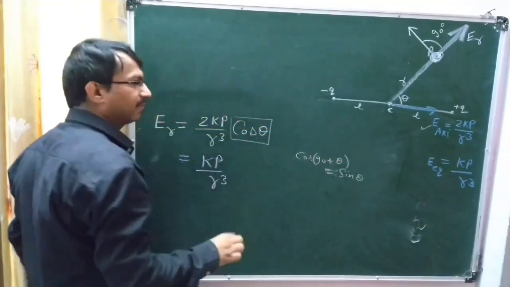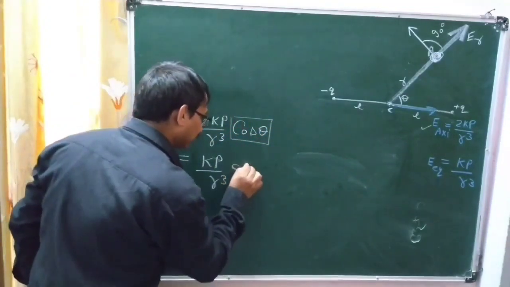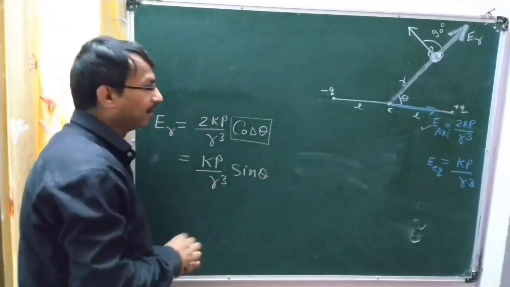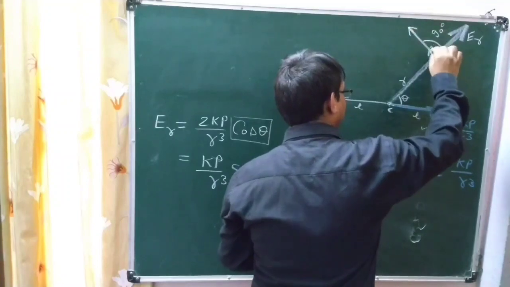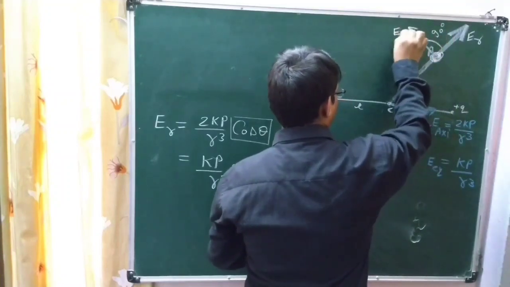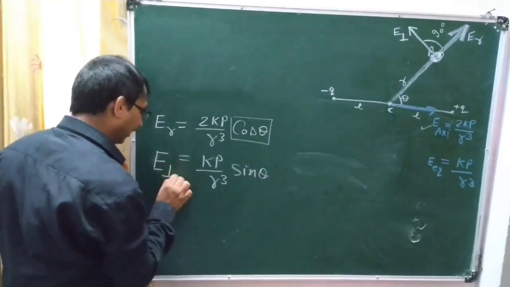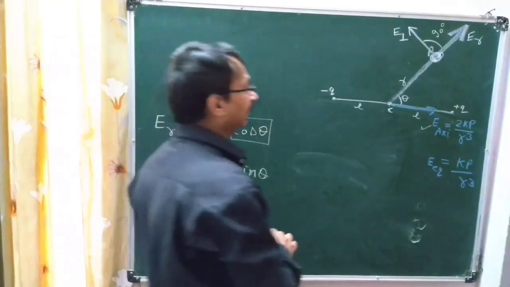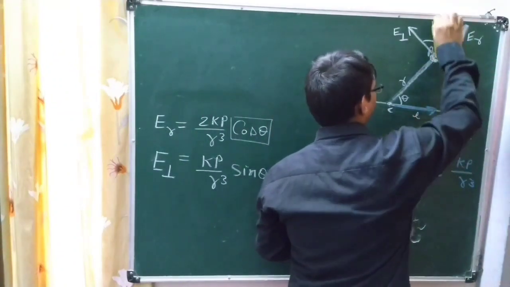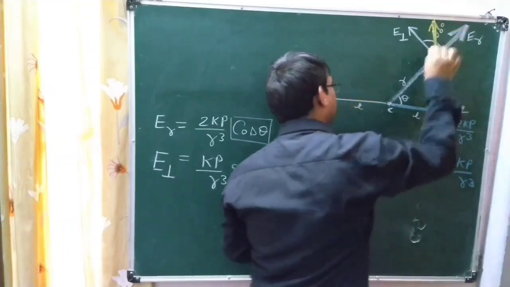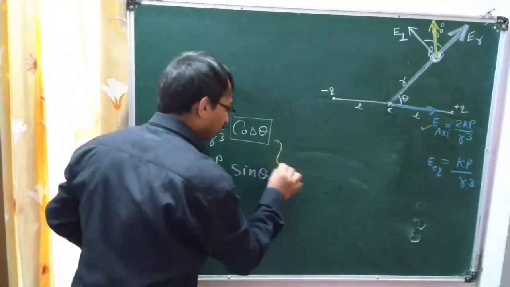It may be plus or minus depending on coordinates, so we just write it in terms of sin theta. This perpendicular component will be along this direction, written as E perpendicular. The resultant electric field will be in between E radial and E perpendicular, and it will be found by vector addition of these two.